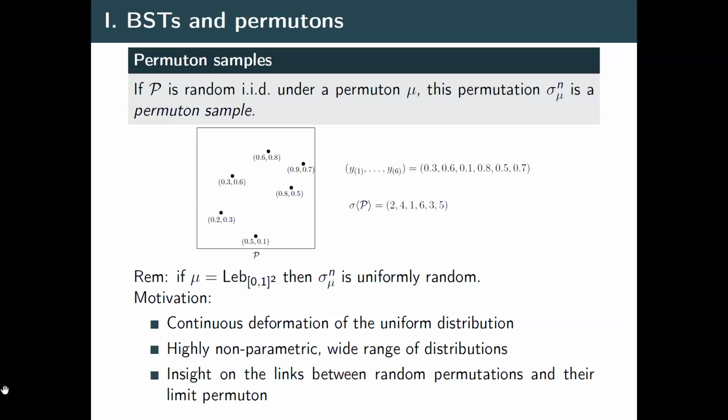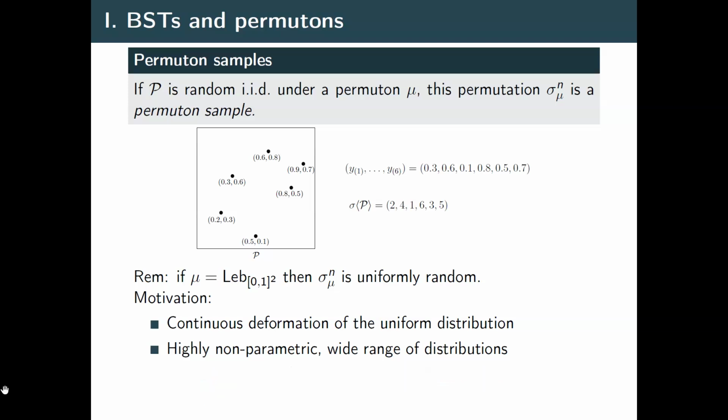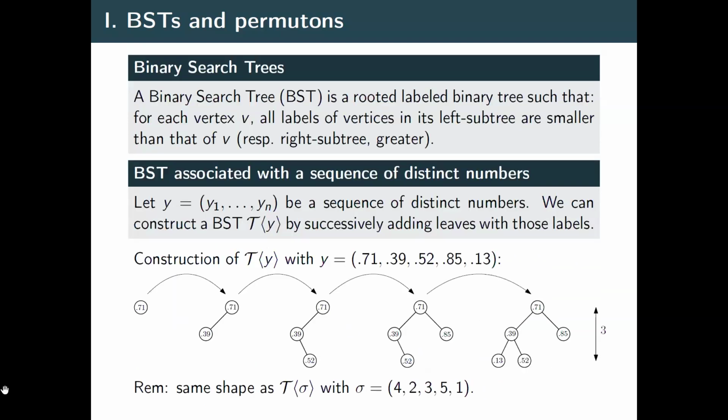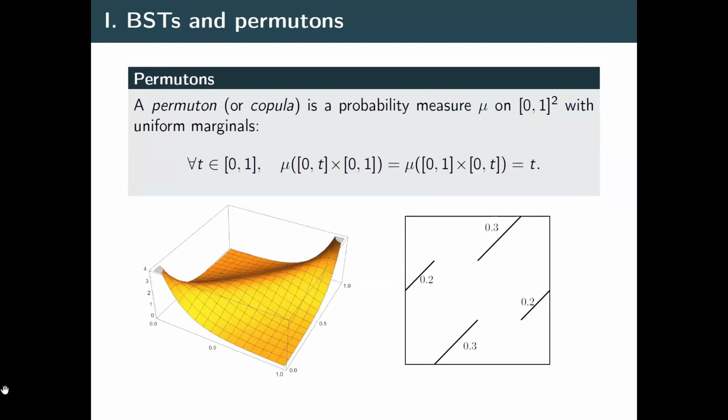Yes, that's a very good question. I forgot to say, there's a parameter q, and to have a limit permuton which is very nice like this, q needs to be something like 1 minus beta over n. And the density here depends on beta.